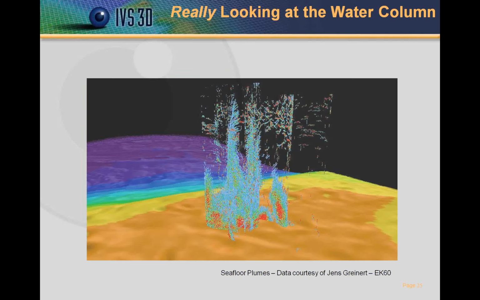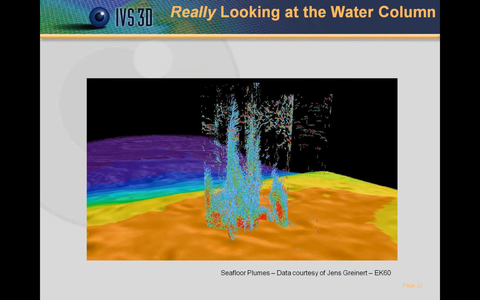This is another view. This is data courtesy of Jens Reinhardt. This is EK60 single beam data. These are methane hydrate plumes with some fish in the near surface. What's interesting is this is a single beam system, but you can still get a good feel for the 3D shape and volume of a seep plume just by how the survey line is driven.